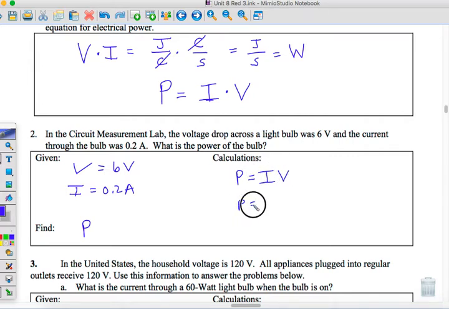So the power equals 0.2 amps times 6 volts, and we end up with 1.2 watts. 6 times 0.2 is 1.2 watts. That's the amount of power the bulb is giving. So that's basically saying every second the bulb is giving off 1.2 joules of energy.